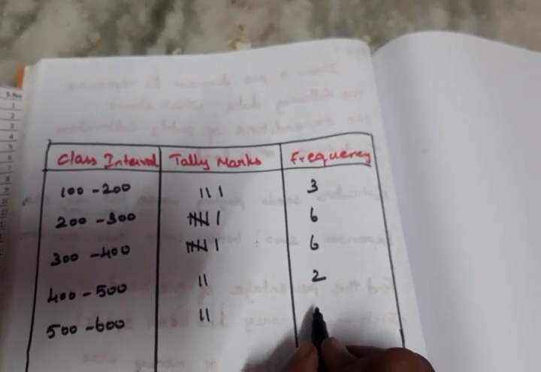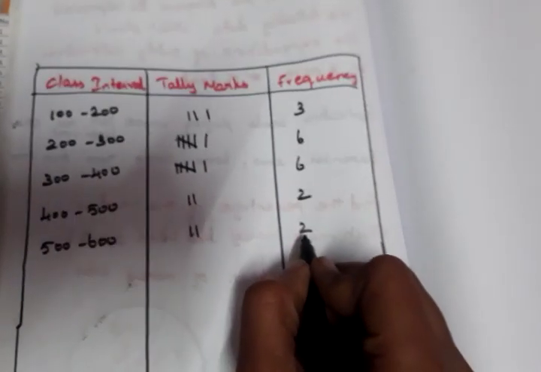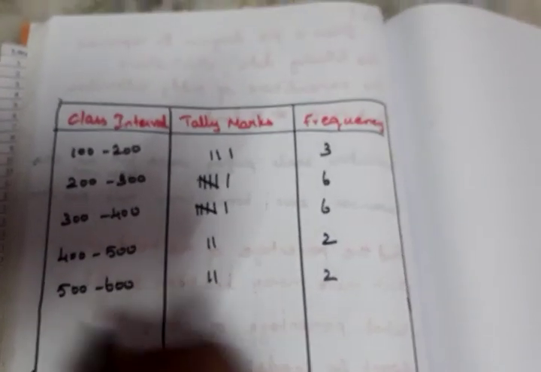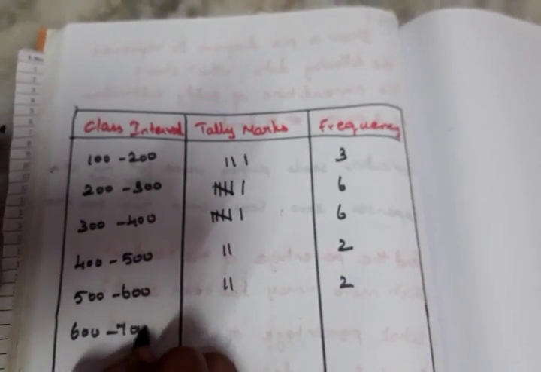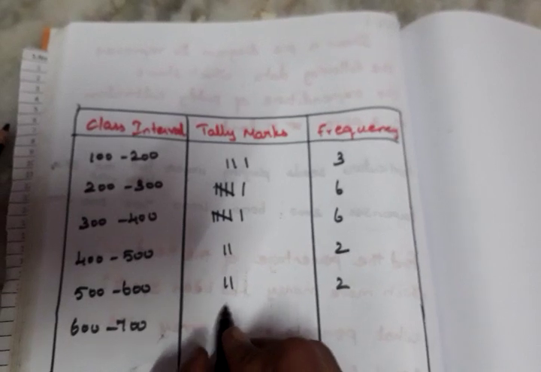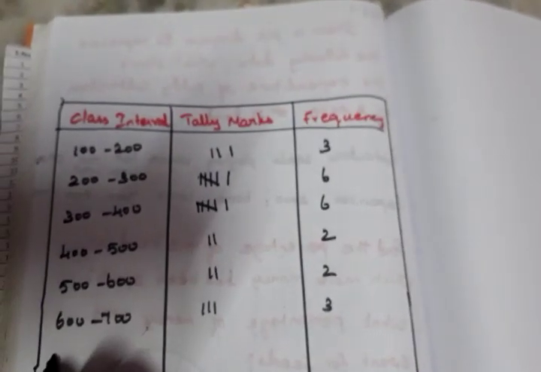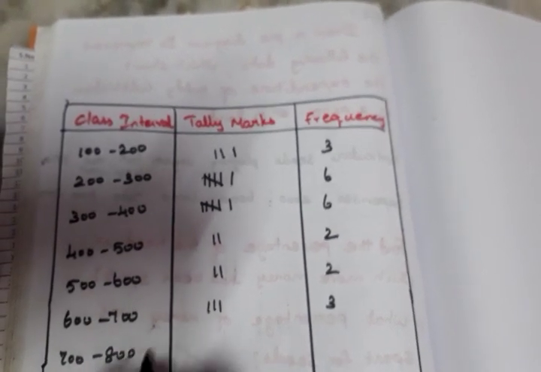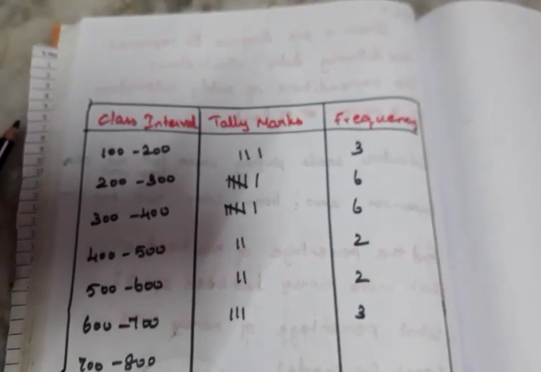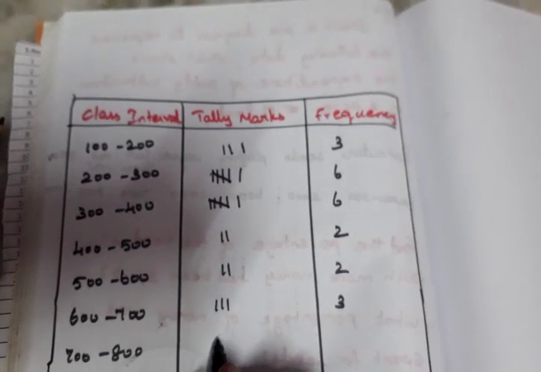Then 600 to 700, 3 of them. Then 700 to 800, 4 persons paid.